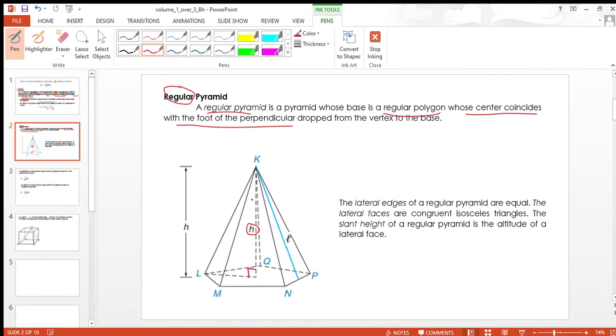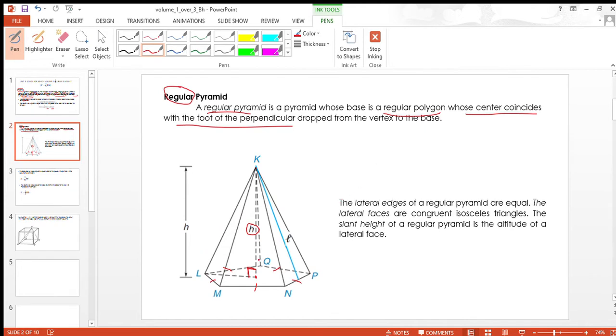So if this is a regular pyramid, the base is a regular polygon, the sides are all equal, and if you drop your perpendicular line from the vertex, this point of intersection will fall on the center of the polygon.